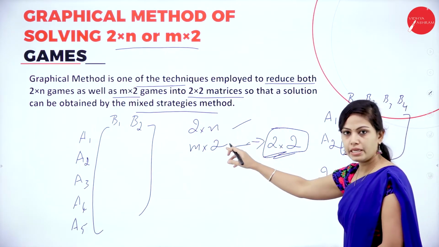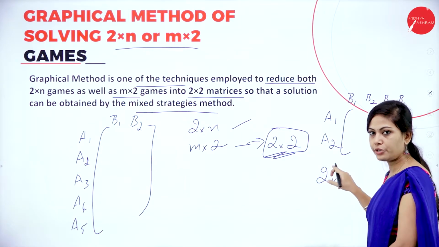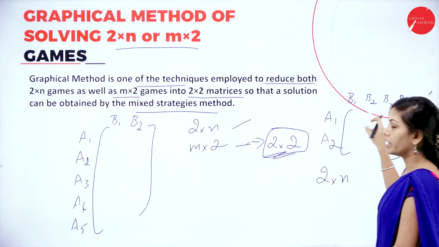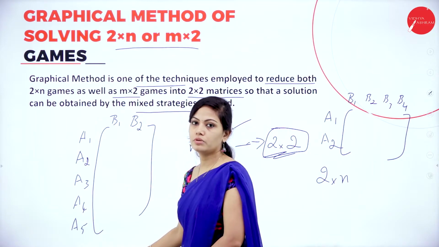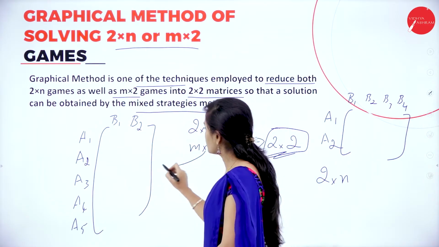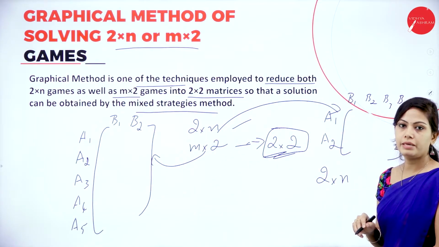In 2 cross n games, we will get only 2 rows, that is A1 and A2 row, and n number of columns. But in m cross 2 matrix, we will get m number of rows and 2 columns. This is m cross 2 games and this is 2 cross n games.